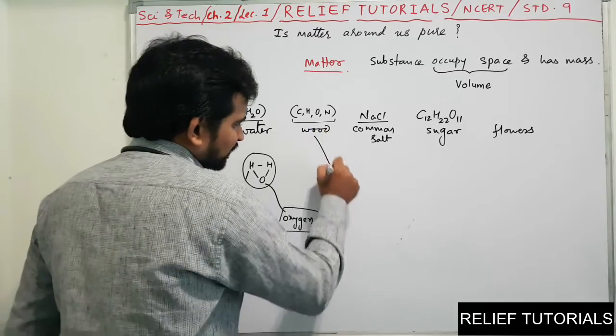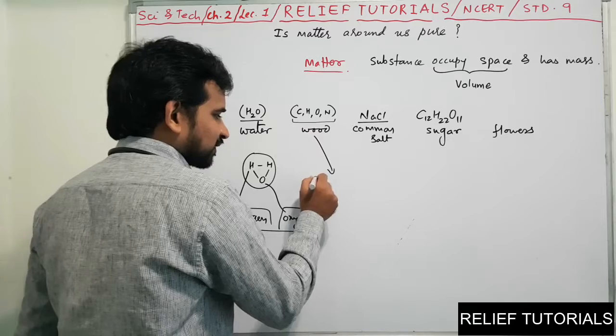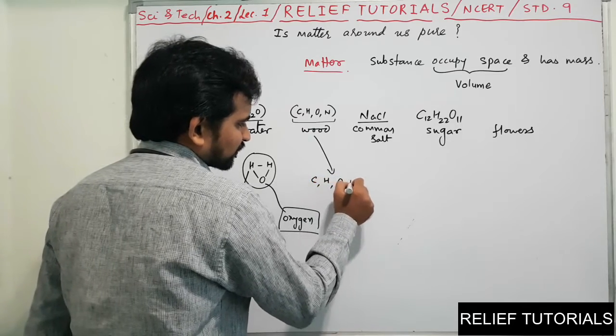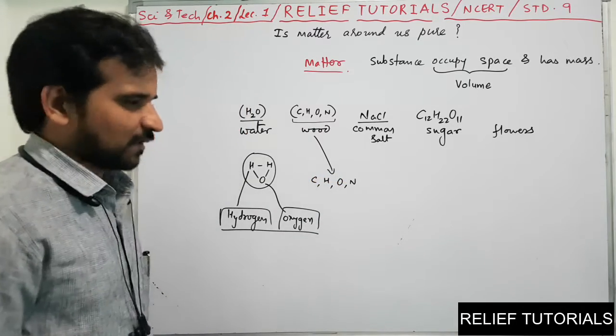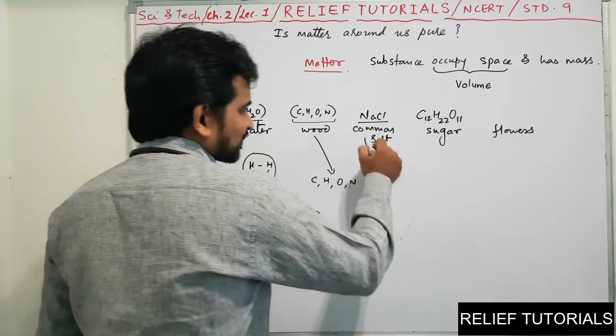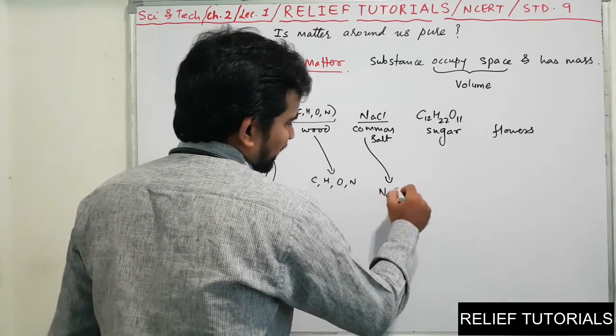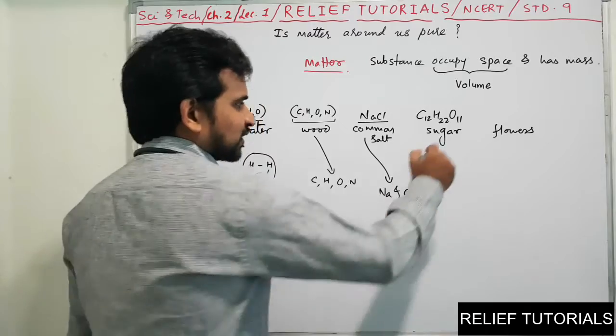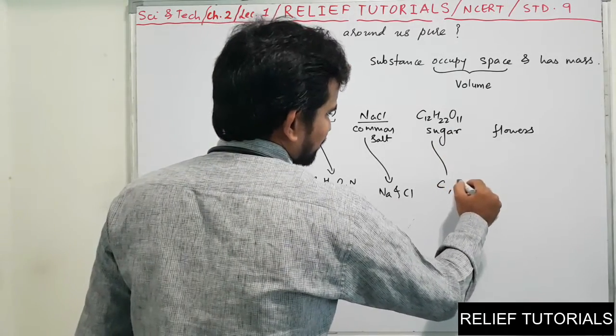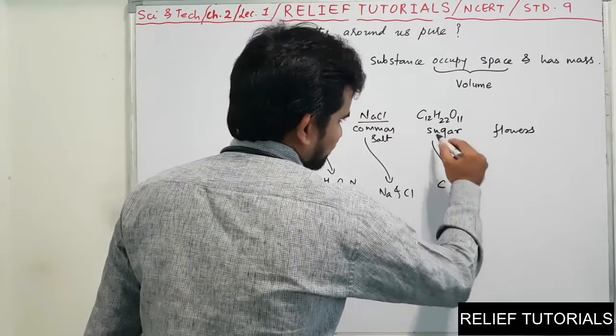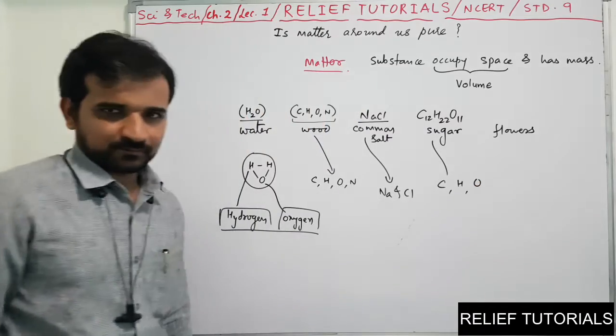If you see wood, the basic substances are carbon, hydrogen, oxygen, nitrogen, etc. Common salt is basically made up of Na and Cl. Sugar is basically made up of carbon, hydrogen, and oxygen.